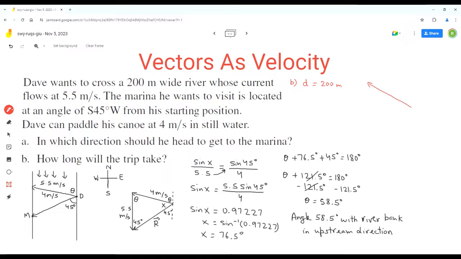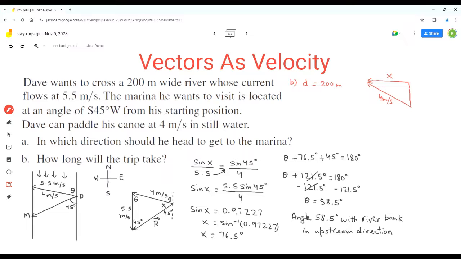So we should draw a vector triangle for his paddle speed. So we have to find the x component for his paddle speed.